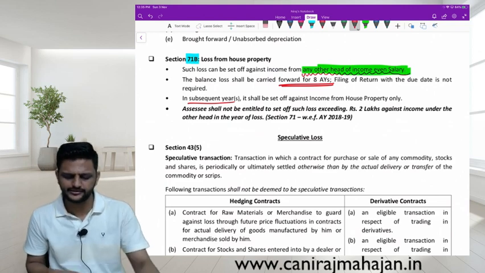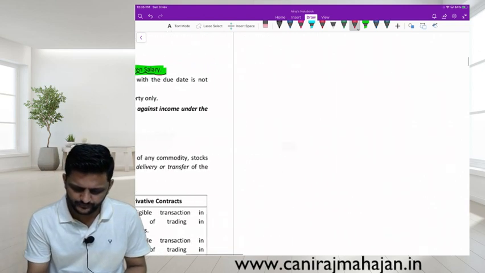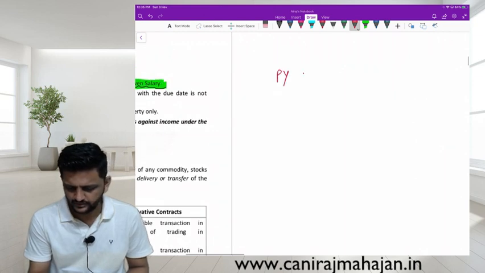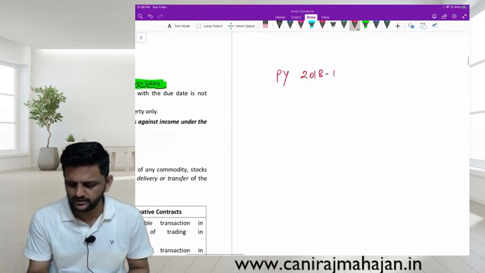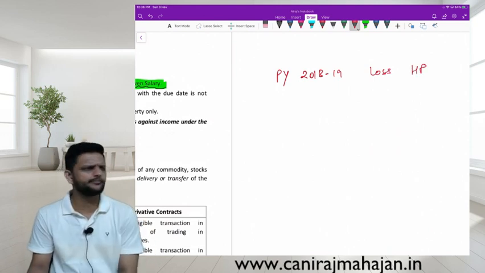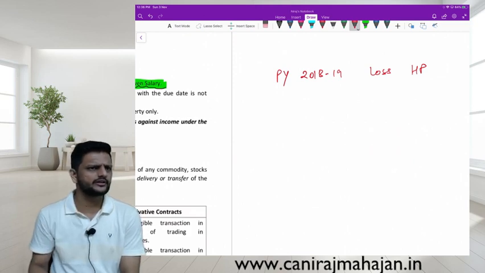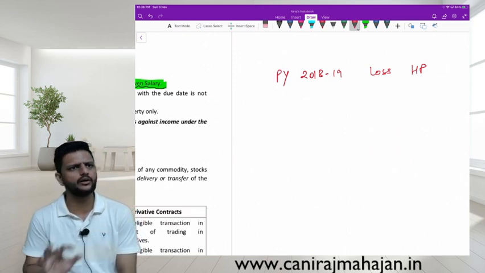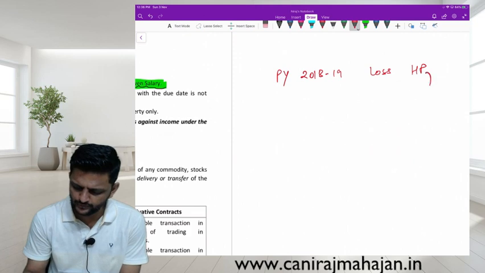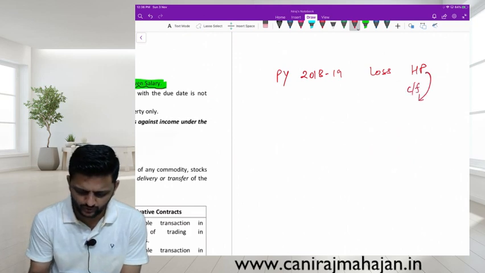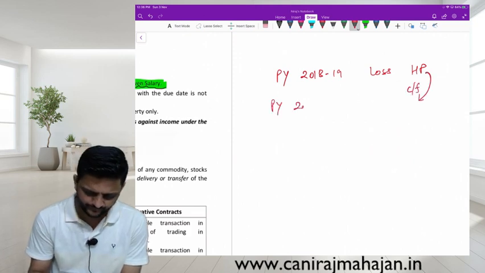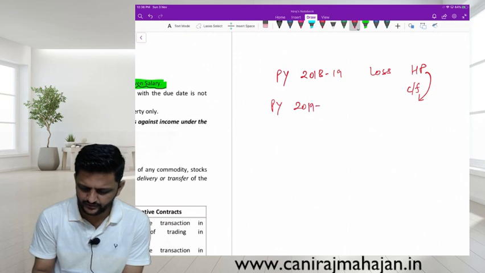Whenever you are carrying forward the losses, the next year becomes the subsequent year. Okay. For example, if there is an HP loss still remaining in PY 18-19, or there is no other income, or all the rest of the incomes were still less than the loss, so the loss will be carried forward or not? Yes. Okay, pay attention. 18-19 we did, 19-20.